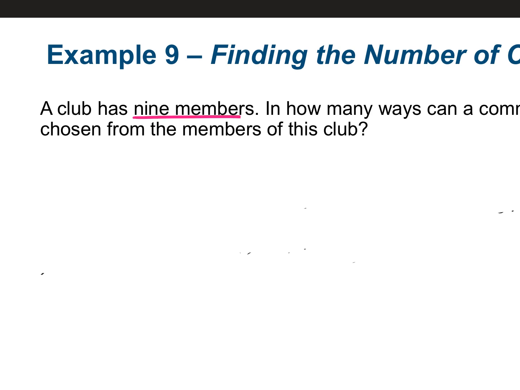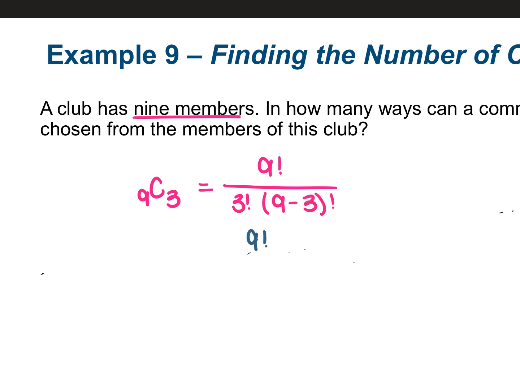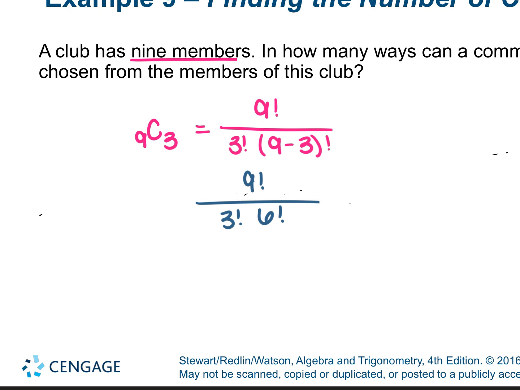Because there is 9 members, that 9 is going to go on the top. And because you're picking 3 members, that 3 will go down last. So this just means you'll have 9 factorial over 3 factorial times 9 minus 3 factorial. Up top, it's going to stay 9 factorial. On the bottom, you're going to have 3 factorial times 6 factorial. So that 9 factorial is the same thing as 9 times 8 times 7 times 6 factorial.